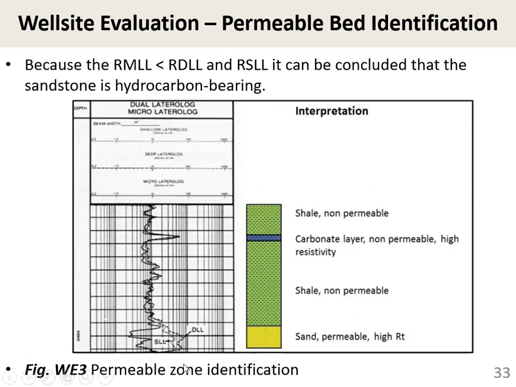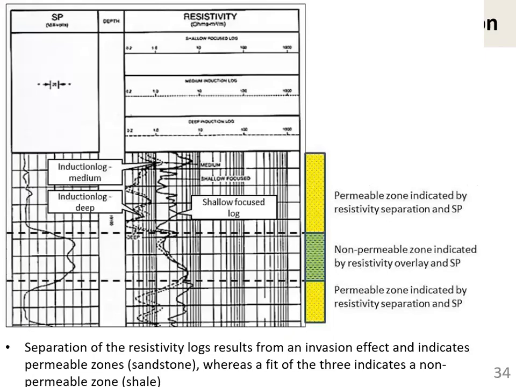And this is an indication of permeability. It's an indication of some degree of invasion or displacement of the fluids in the vicinity of the wellbore. And this is also shown here. So you see, this is definitely shale.